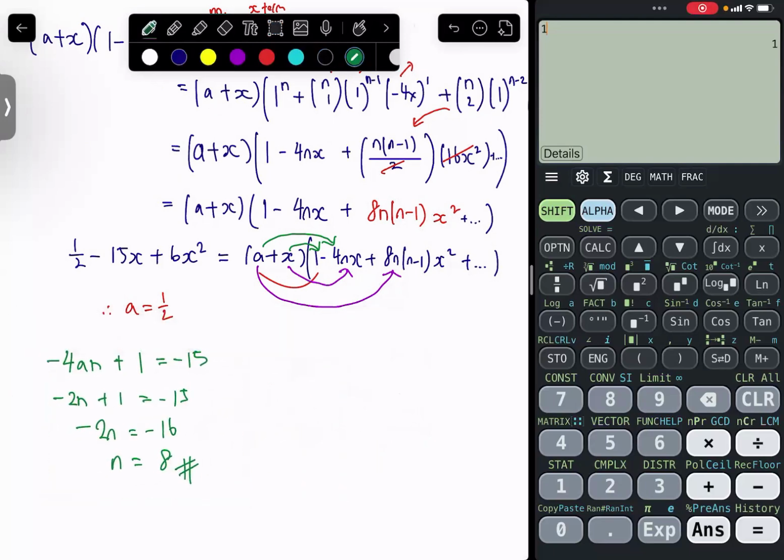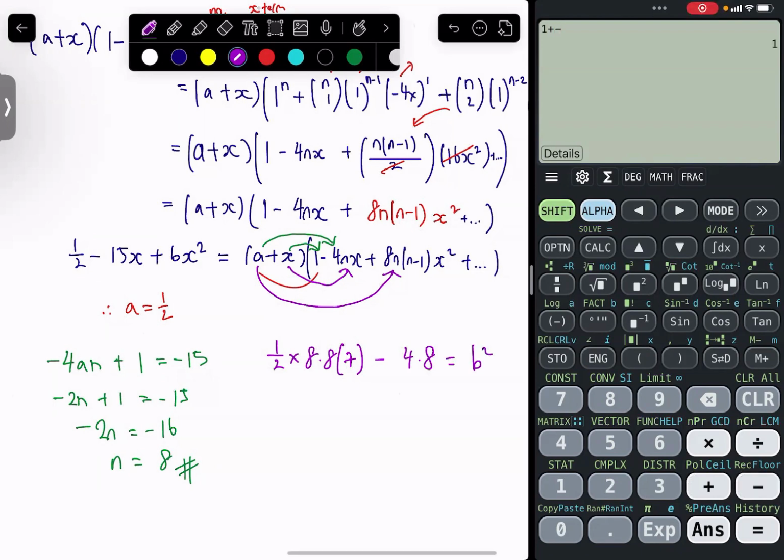Now the last one, the purple one. Since we know the value of n, the x² coefficient is 1/2 times 8 times 8 times 7, minus 4 times 8, which equals b. Oh wait, it's bx², sorry.